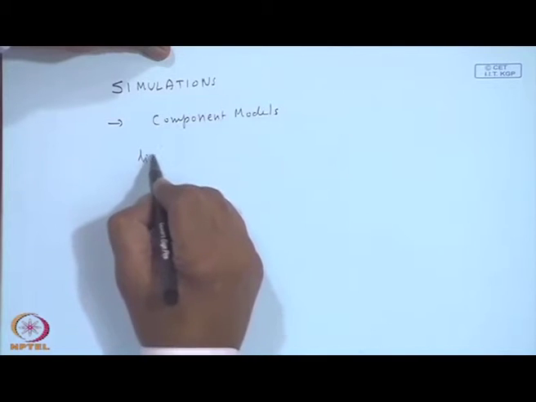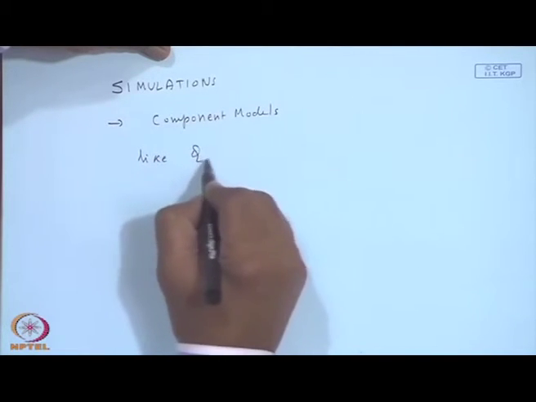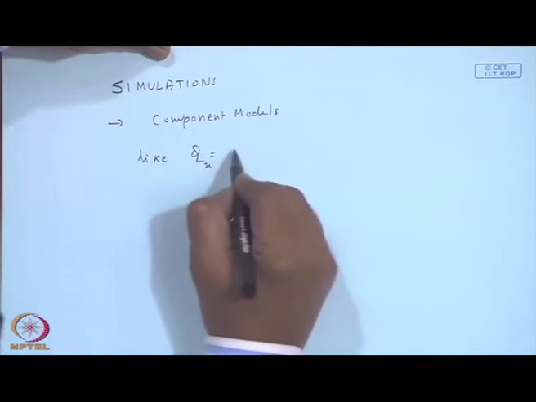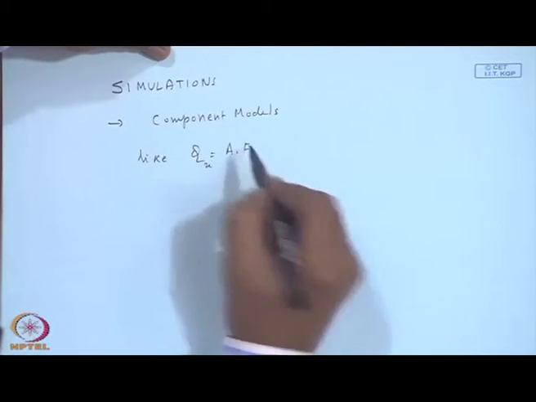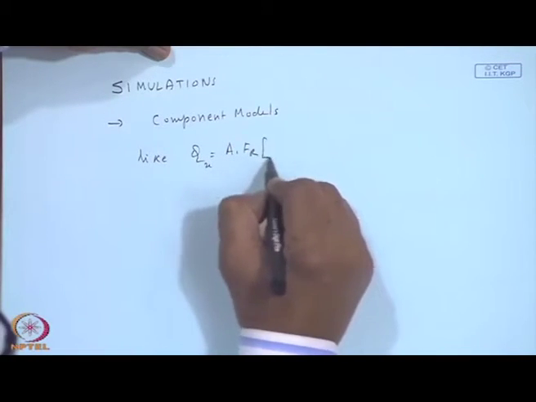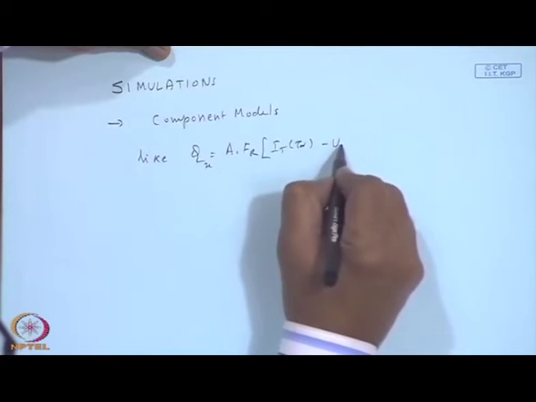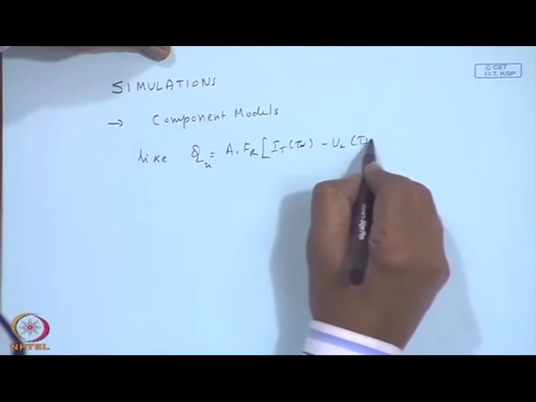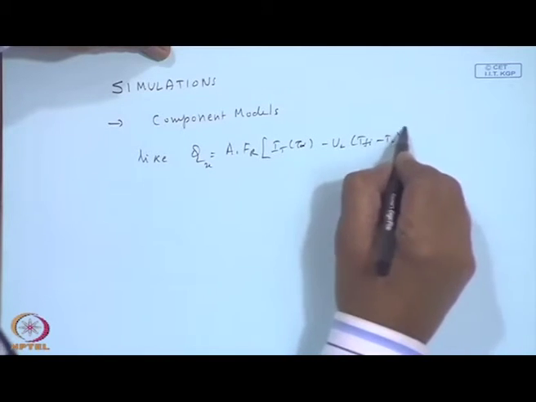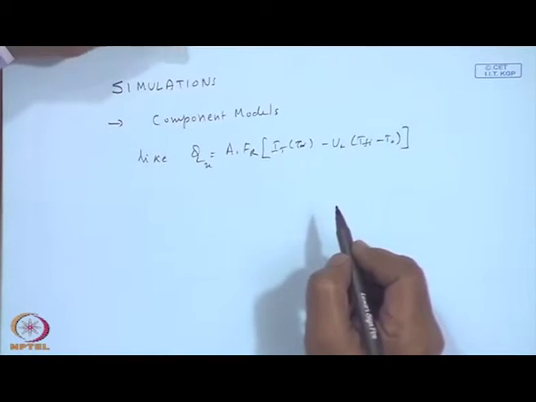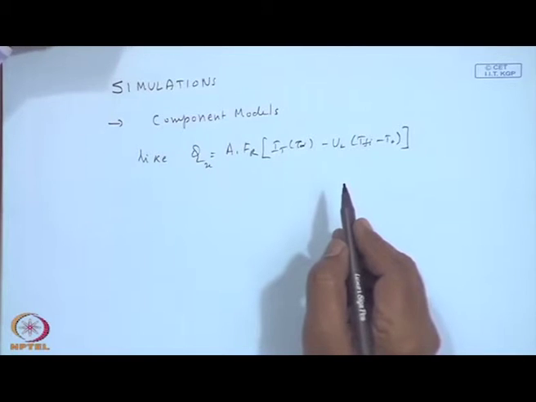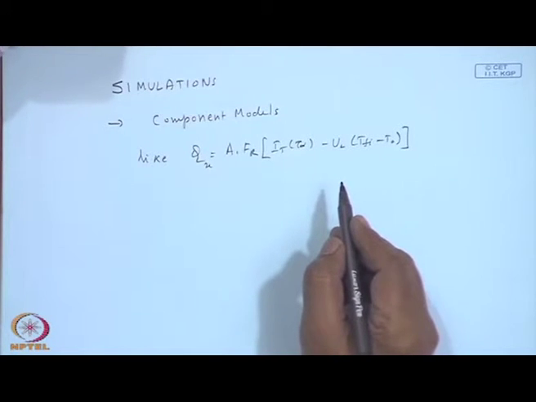like for example, for the collector. So, useful energy gain from a collector is A_C F_R times [I_T tau alpha minus U_L times (T_FI minus T_A)].